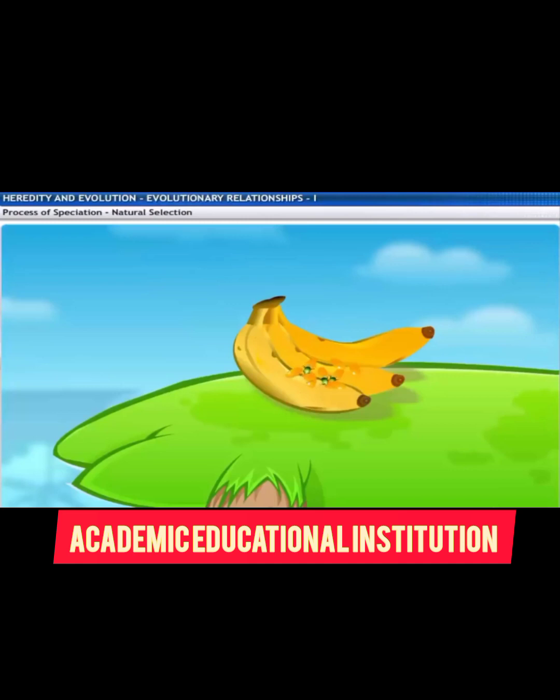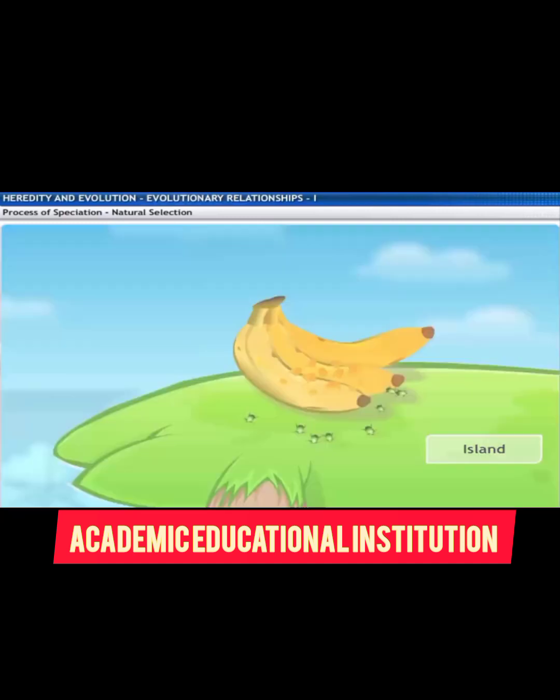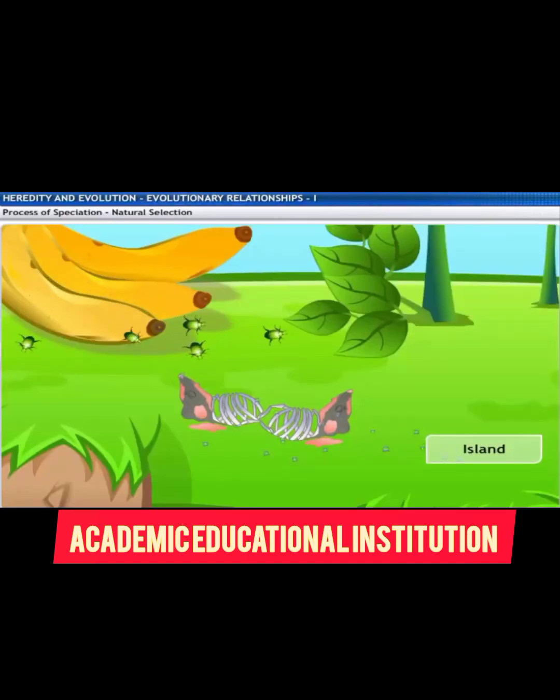The beetles hatch out of the eggs and mature on the island. Ecological conditions are slightly different on the island as compared to the mainland. This leads to a change in morphology and food preferences in the beetles over the course of generations.